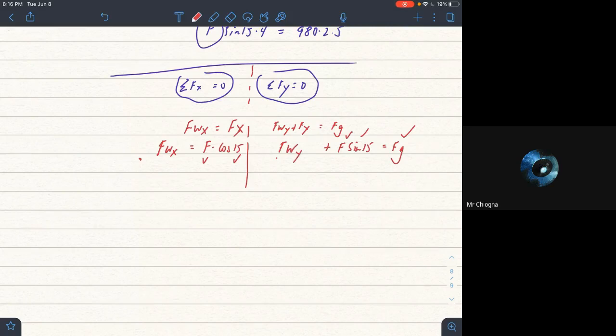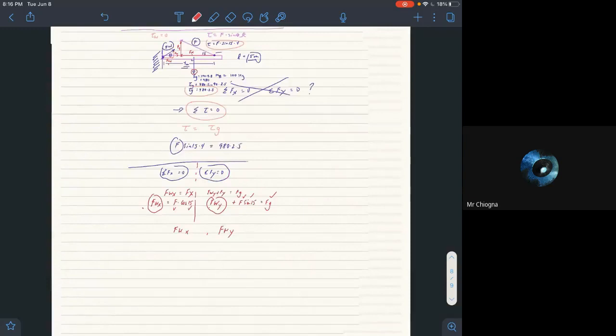And now you got it. You can solve for FWX. What about FWY? Yes, you got everything else. You can solve for that. So you'll have your FWX and your FWY, and then you can solve for your FW.